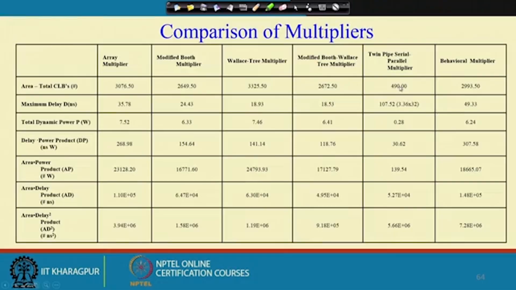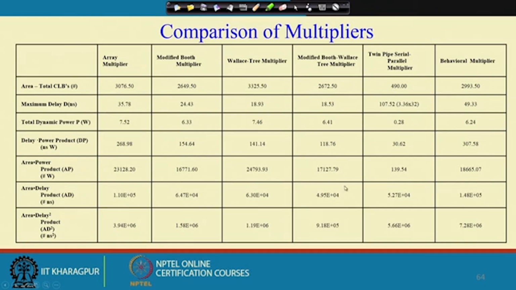This is basically the FPGA implementation, and it shows that the serial parallel multiplier consumes lesser area compared to all the architectures. We are generating the result in a serial fashion, so the completion time requirement is also more if you see this table.